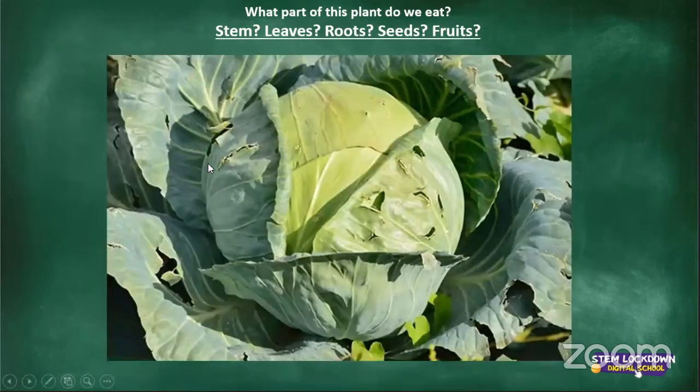Cabbage. Which part of the cabbage do we eat? We've got Zamili saying the leaves, Kuaway P50 says leaves, Talia, leaves. A lot of you are saying the leaves, 100%. So with cabbages, we are eating the leaves.